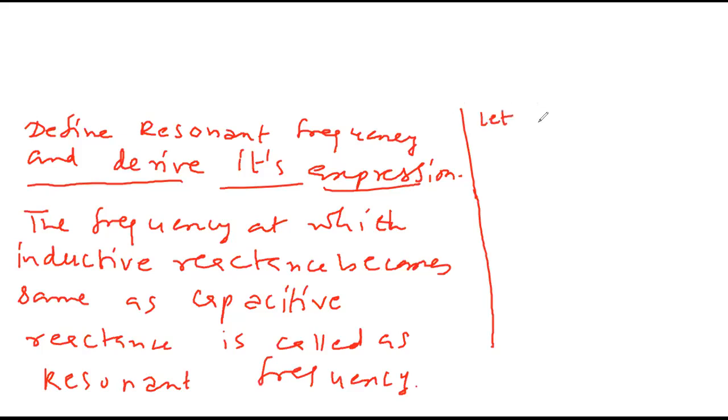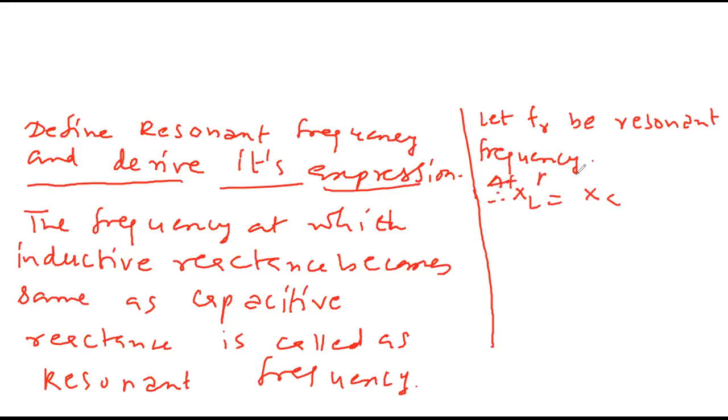Let F suffix R be the resonant frequency. Therefore, XL equals XC. At resonance, XL equals XC. So omega into L is 1 upon omega into C. Omega square is 1 by LC.